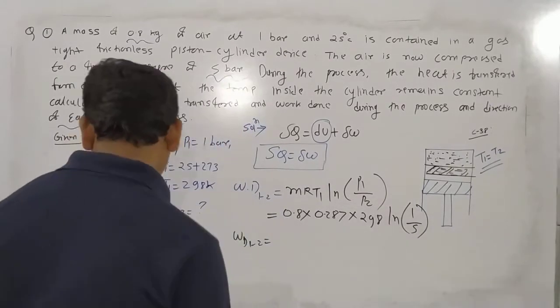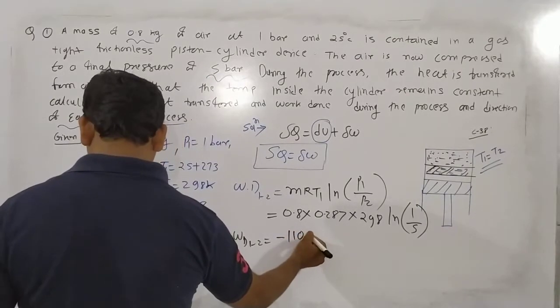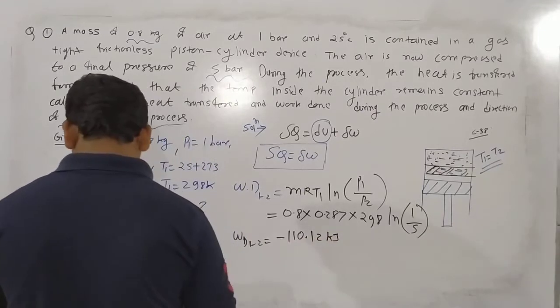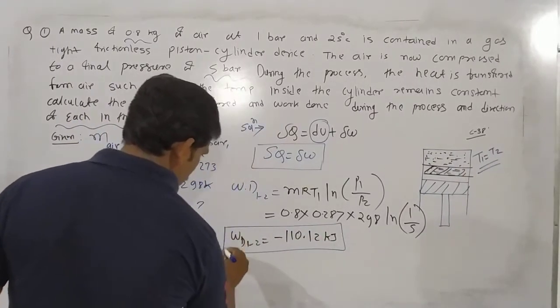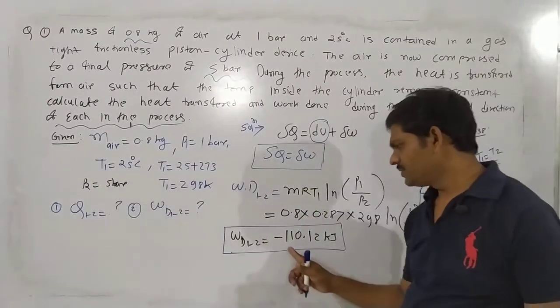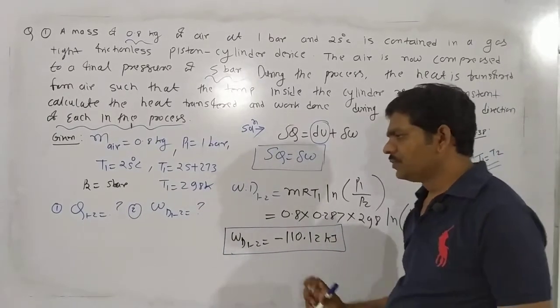So what is the work done? You do these calculations and you get the answer: minus 110.12 kilojoules. Why negative?